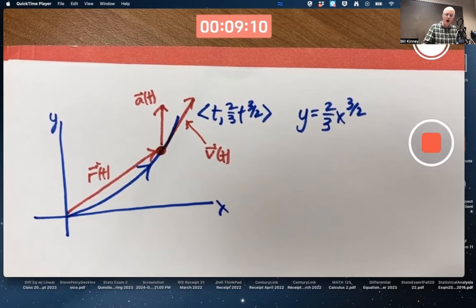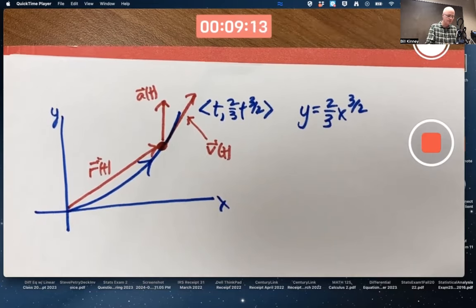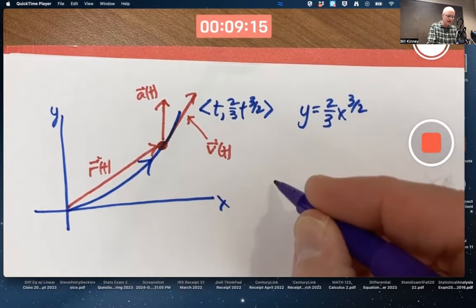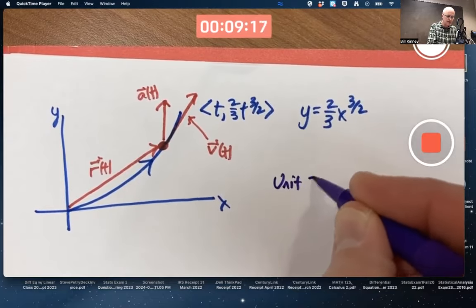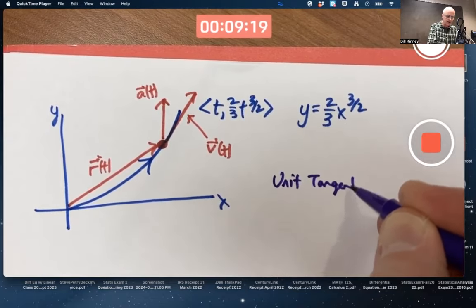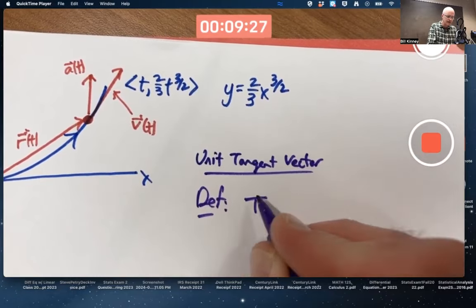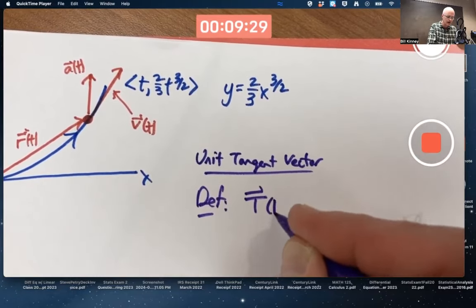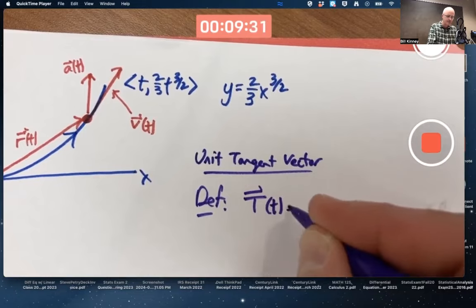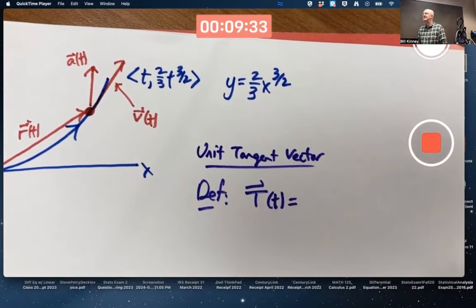To start the process of doing that, we're going to define the so-called unit tangent vector. This is a definition. Capital T vector of little t is the normalized velocity vector, where normalized means find a vector in the same direction with unit length.